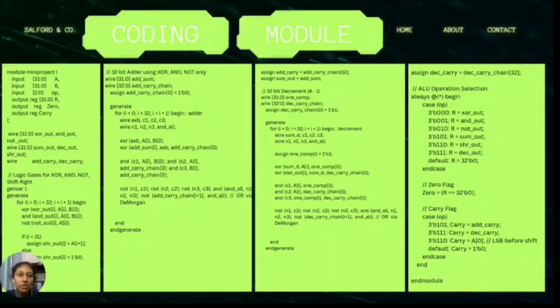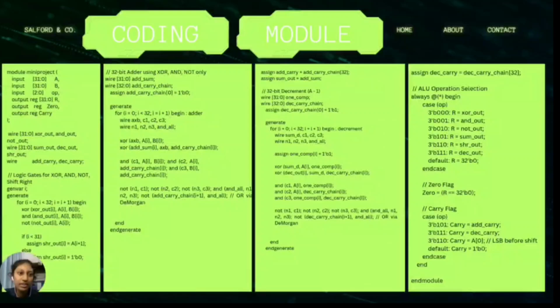Over here we have declared a module named mini project, and we have declared several inputs. The first input, 32-bit, is A, and the second input is B, also 32-bit. We've also declared a 3-bit input OP, where OP means opcode.